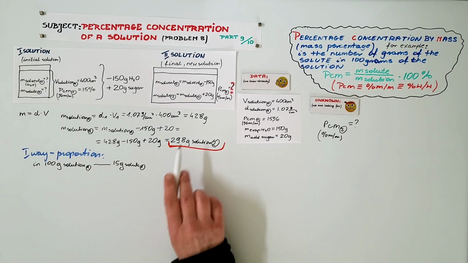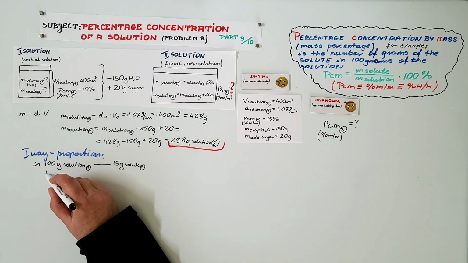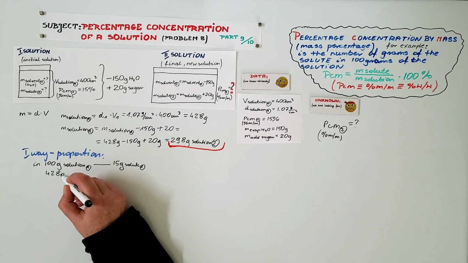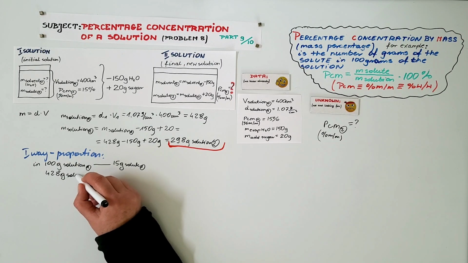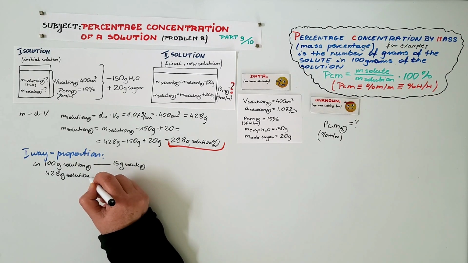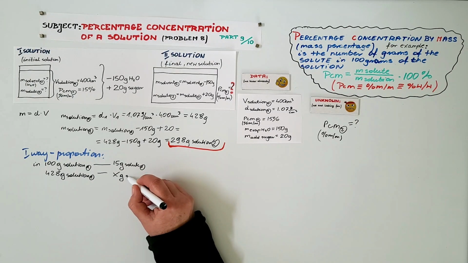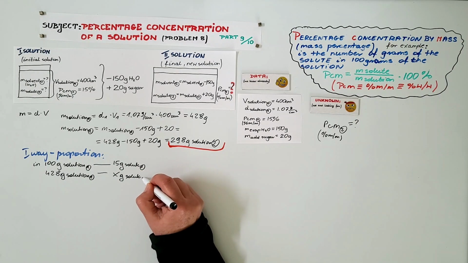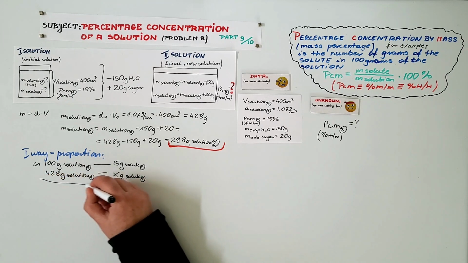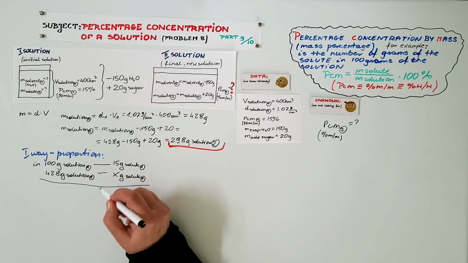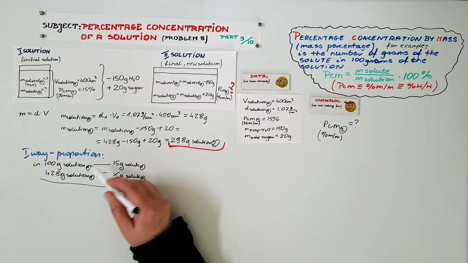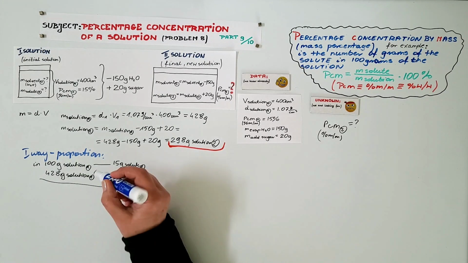So in 428 grams of solution 1, there is X gram of solute 1. So we calculate X by cross-multiplying this proportion.